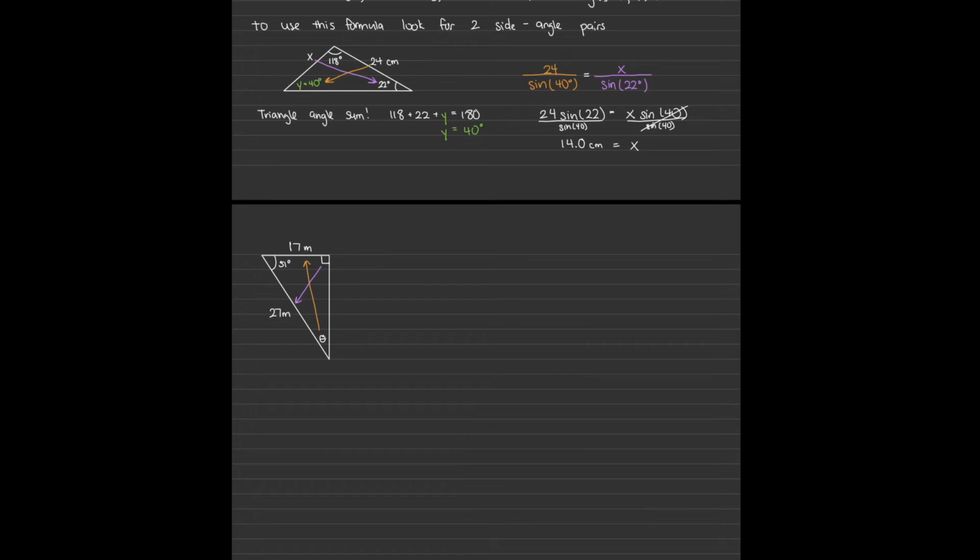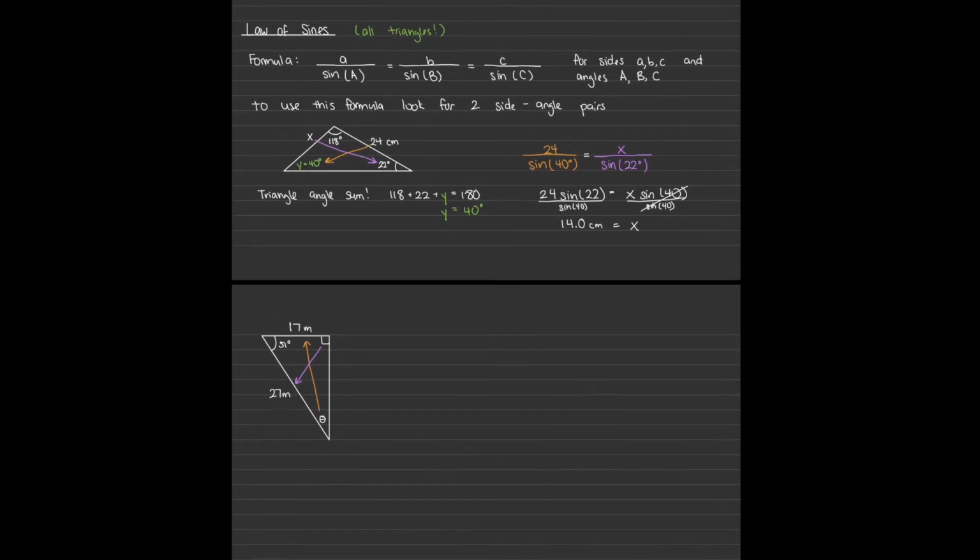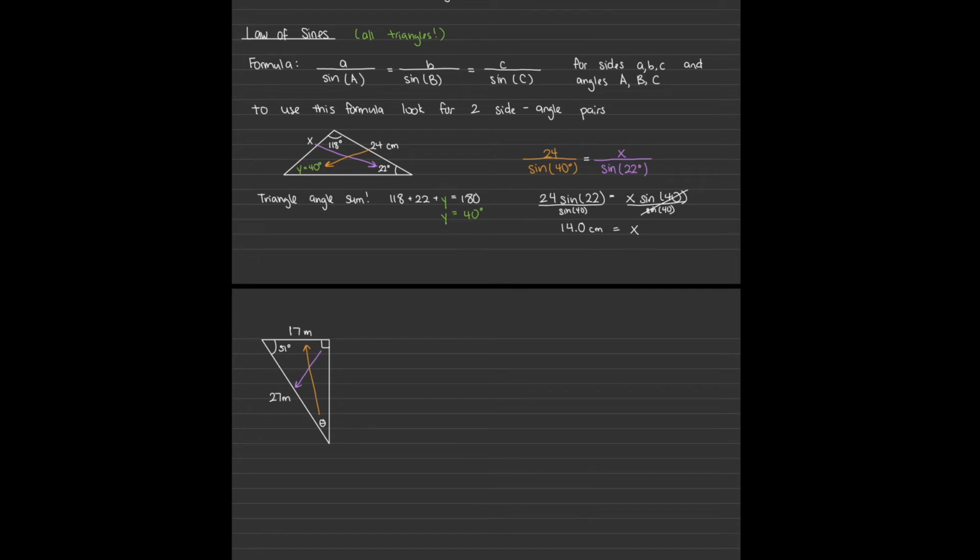And so we can set up a similar ratio. Remember to always put the side on the top of the fraction, and then the angle goes inside the sine function. So with my orange side angle pair, I've got 17 all divided by sine of theta.